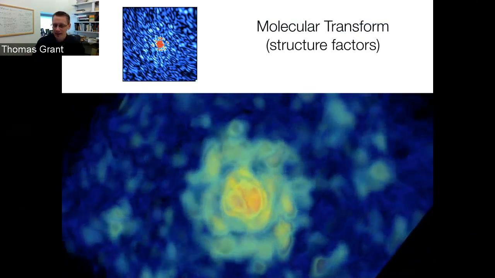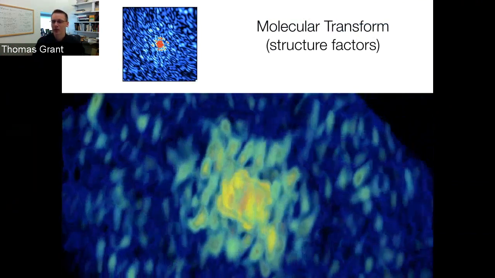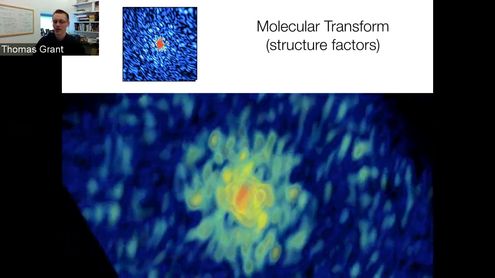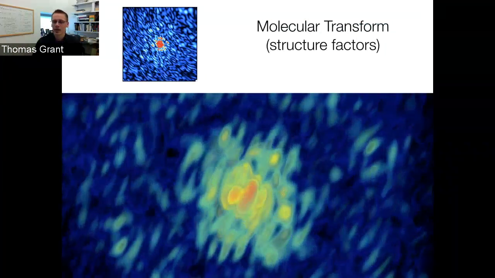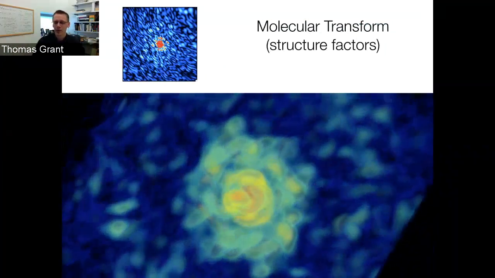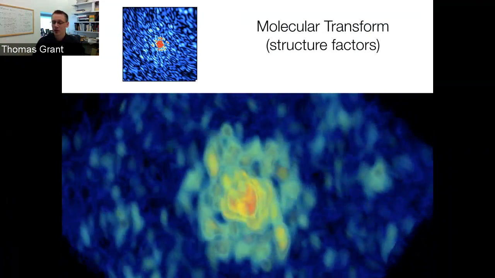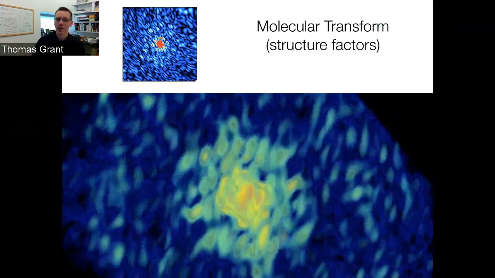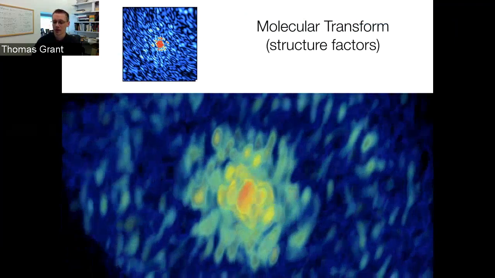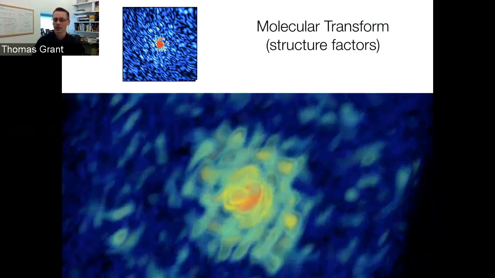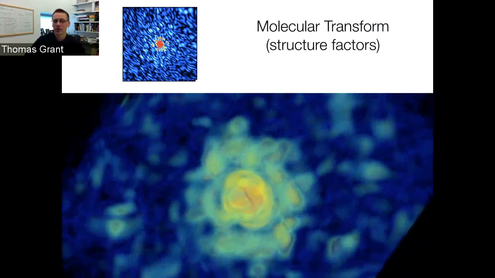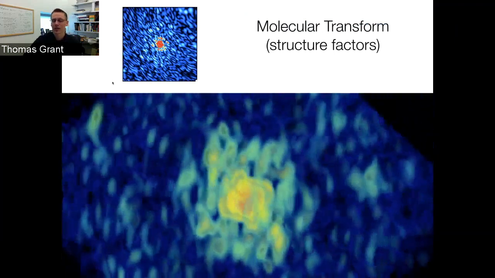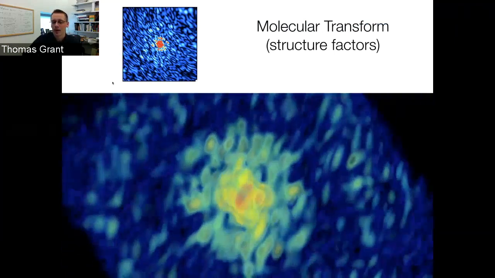Well, I'm going to kind of take you into single molecule imaging as a way of helping to understand this. In single molecule imaging, if you were to take the Fourier transform of a single molecule's electron density function, this is the single molecule reciprocal space of lysozyme.